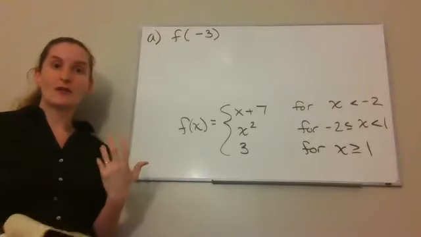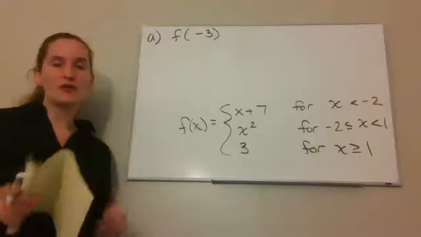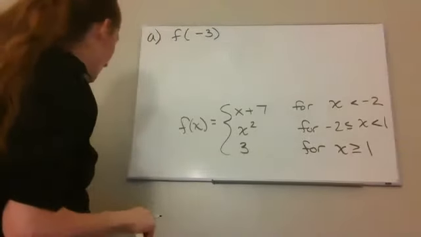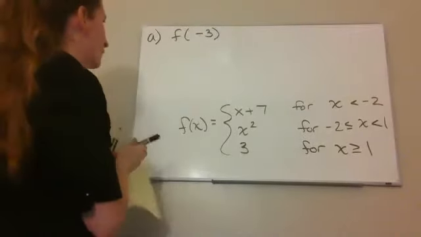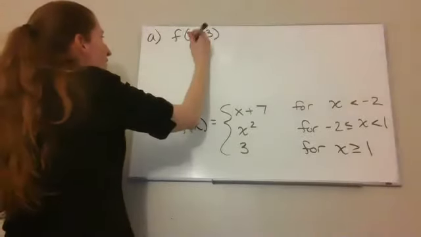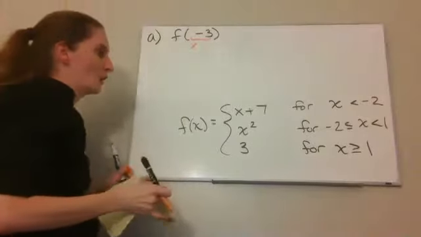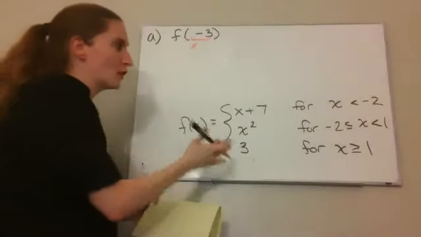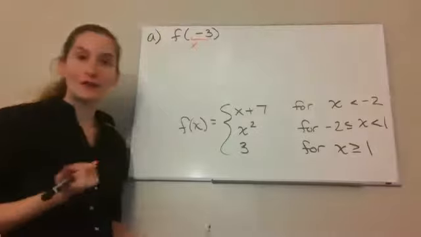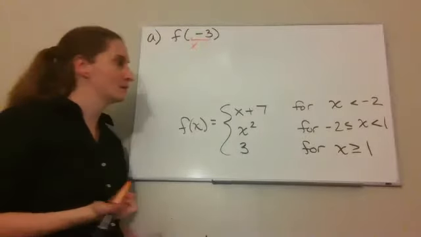The way we do this is first look at what your input value is going to be. I have f of -3, so my x value is -3. To figure out what rule to use, you look at all of these inequalities and figure out where -3 fits.